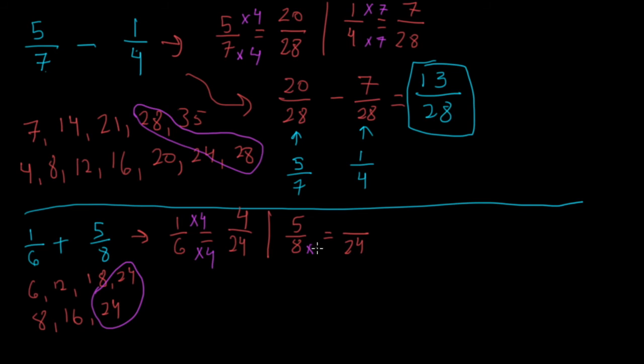So 8 times 3. So 5 times 3, 15. Our new problem is 4/24 plus 15/24. And that gives us 19/24.